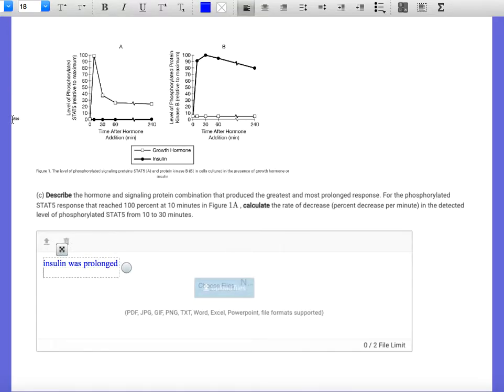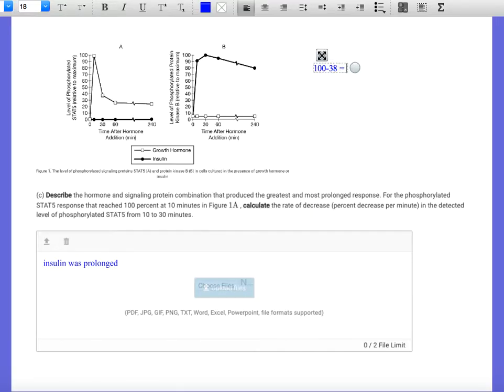So the growth hormone is here, and they're saying, okay, calculate the rate of decrease, percent decrease per minute, in the detected level of phosphorylated STAT5 from 10 to 30 minutes. Okay, so looking here, that looks like 10 minutes. This looks like 30 minutes, and if you read the graph, we're going from about 100 down to about, if I ballpark it, about 38% left, right?